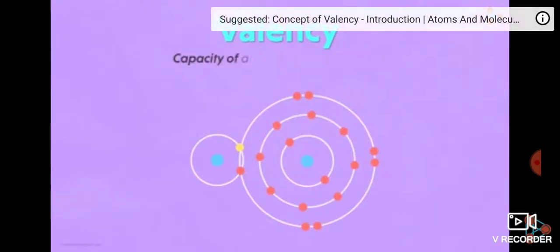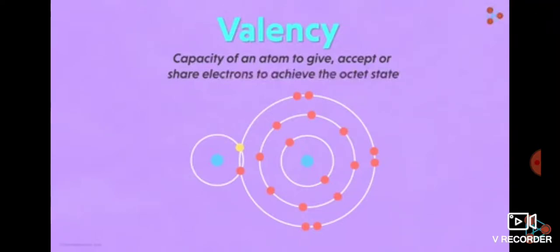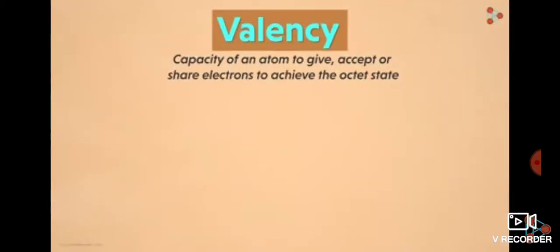Thus, the capacity of an atom to give electrons, accept electrons, or even share them in order to achieve the octet state can be termed as its valency. And what about the case of elements with just one shell? That's correct. Trading of electrons is carried out for attaining 2 electrons in the outermost and only orbital in such atoms.